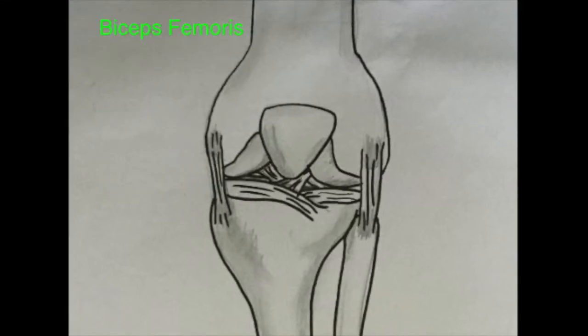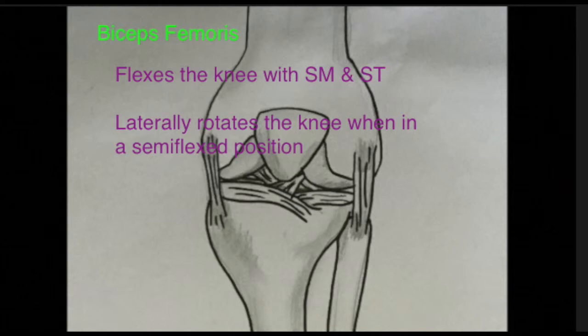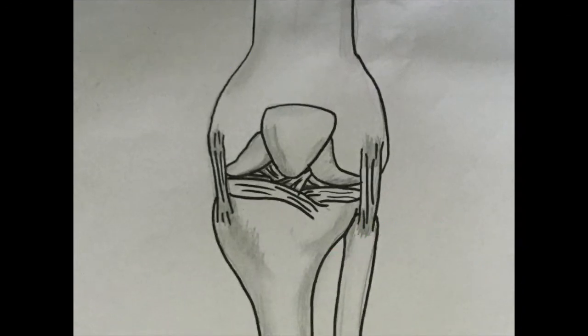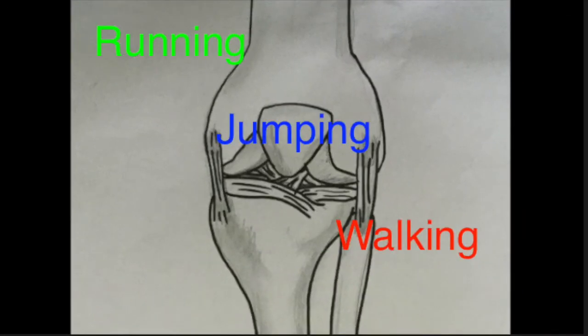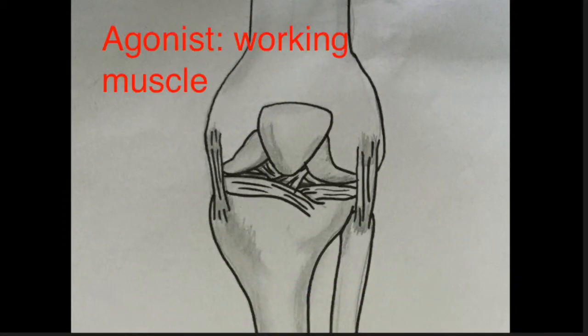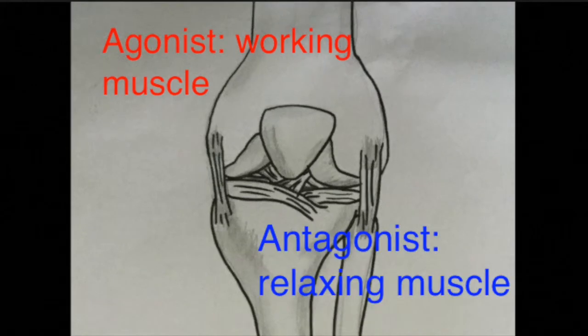Biceps femoris bends the knee and laterally rotates the lower leg when the knee is bent. Both the quads and the hamstrings play an important role when it comes to running, jumping, or walking. They work as opposites, so while one is working, called the agonist, the other one is relaxing, the antagonist.